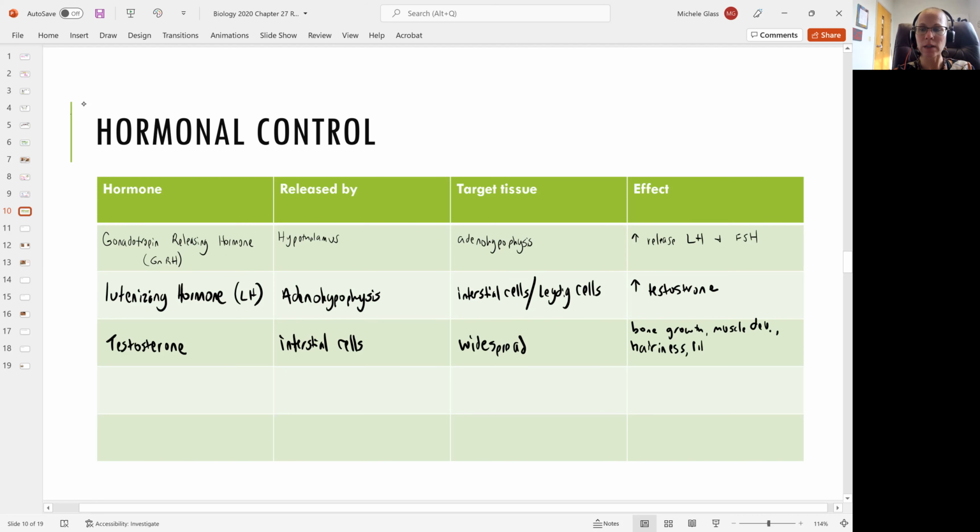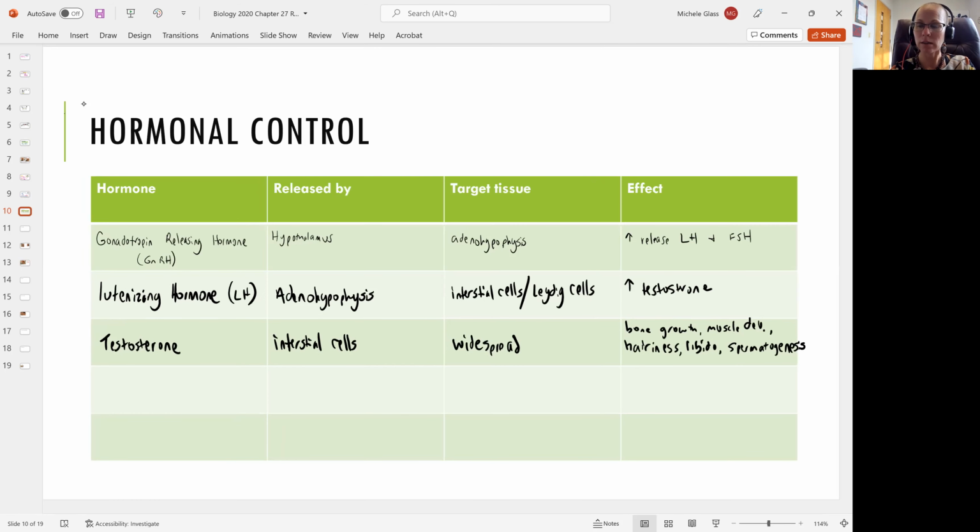We see this involved in the libido. We see this involved in spermatogenesis. So in that regard, it's going to target those nurse cells. And what we'll see is elevated levels, let me do it in red.